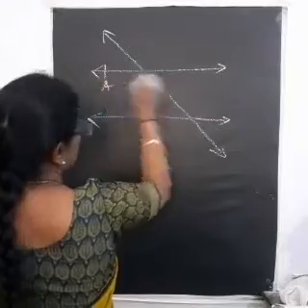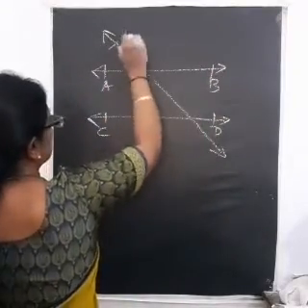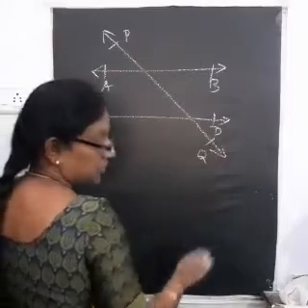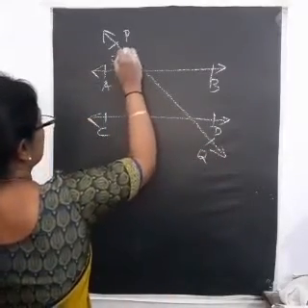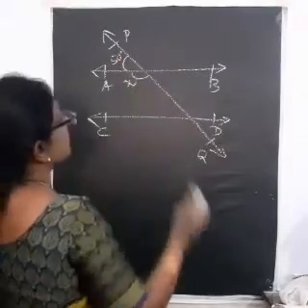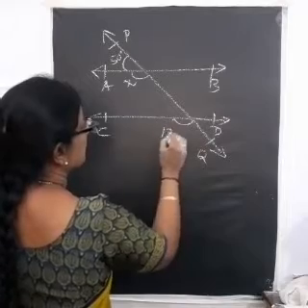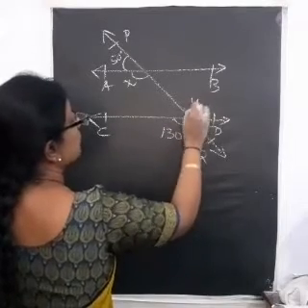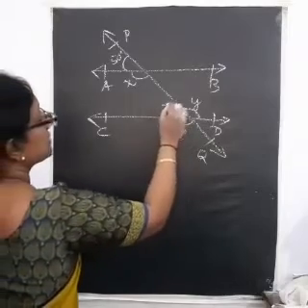This is A, B, C, D, and say this is P, Q. Okay, now what happens is this they have given as 50 degrees and this as X. Then here they have given 130 and this is Y. Okay, then they want us to find Z also.